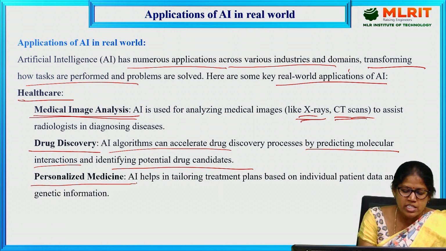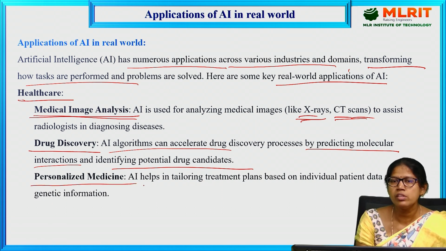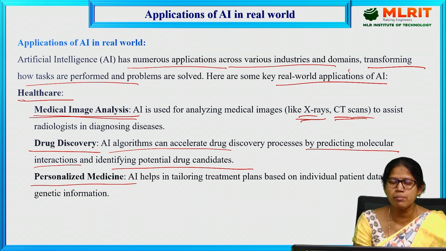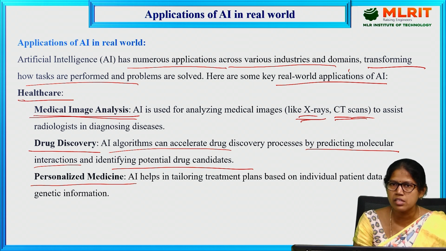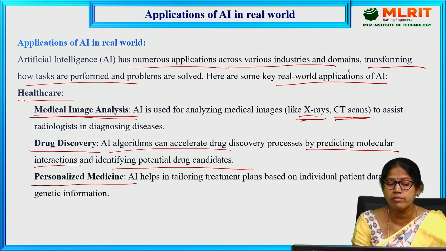Okay, next one is personalized medicine. Each and every human body is different from another. For example, if two persons in the family are affected with the same cold or cough, one will recover very quickly, in 1 day or 2 days. The other person will suffer 10 days, 15 days, based upon the person's body.